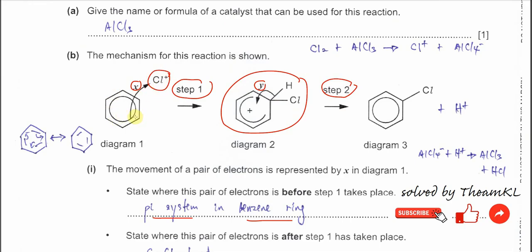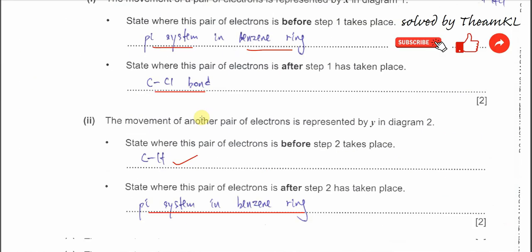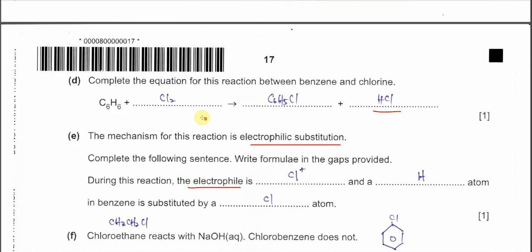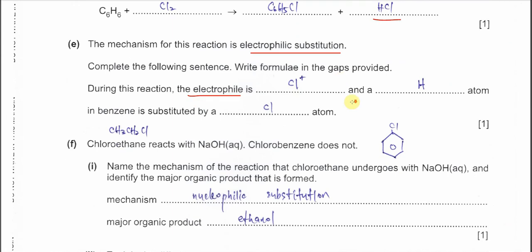This is a nucleophile. And a hydrogen atom in the benzene ring gets substituted. So when there is electrophilic substitution, the hydrogen in the benzene ring will always get substituted by what? By the chlorine atom. So this one, the chlorine atom.